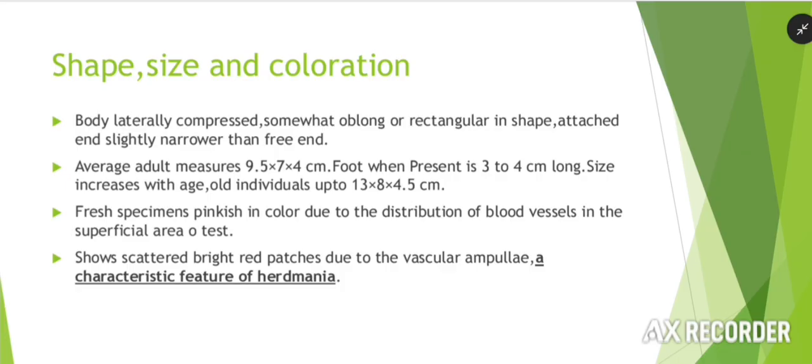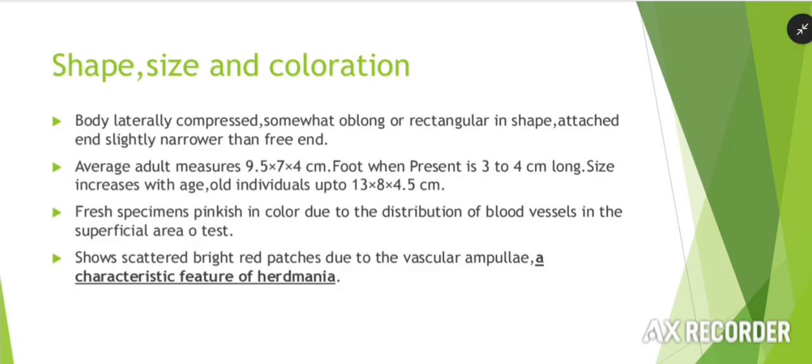Test is the outermost covering of Herdmania. So where does the pinkish color come from? Due to the distribution of blood vessels in the superficial area, meaning the upper area; here it is pinkish due to the distribution of blood vessels.